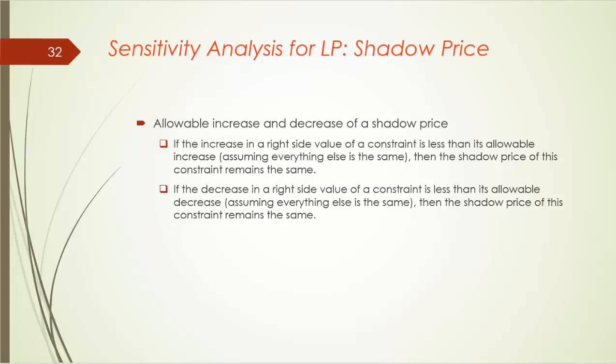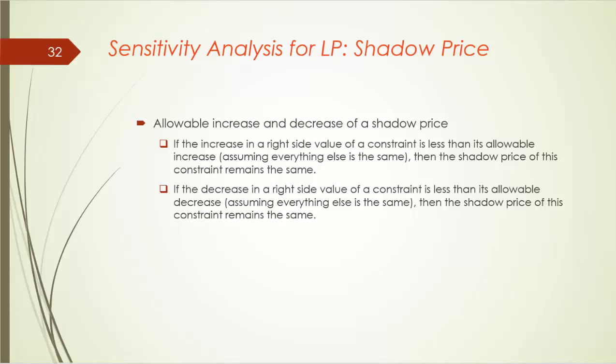If the increase in the right side value of a constraint is less than or equal to its allowable increase, assuming everything else being the same, then the original shadow price of this constraint is still valid. Similarly, if the decrease in the right side value of a constraint is less than or equal to its allowable decrease, assuming everything else being the same, then the original shadow price of this constraint is also valid.